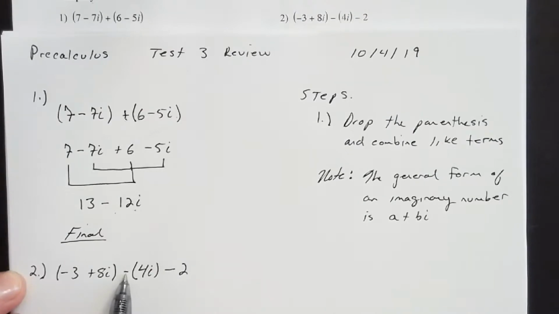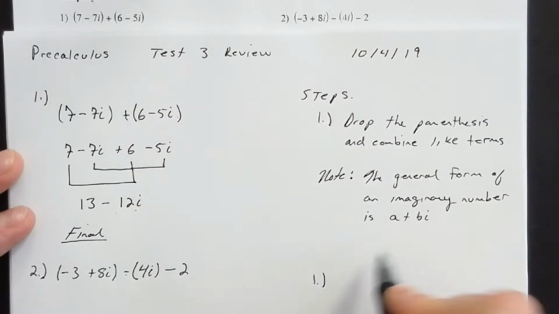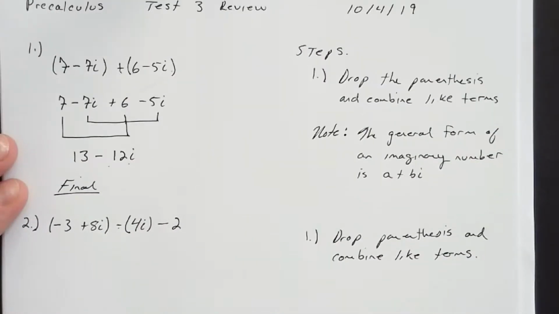Well, we have a negative sign out in front of this parentheses, but because there's only a single term inside of the parentheses, we don't have to worry about distributing that negative sign to 2 or 3 different terms. And so we can directly drop the parentheses and just start combining like terms. So drop the parentheses and combine like terms.